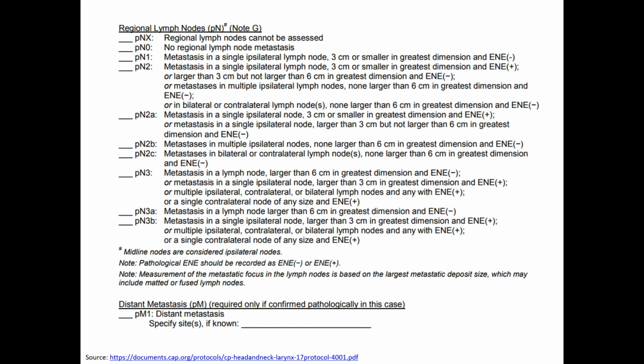The reason for that is, as you might have noticed, the new protocols require evaluation for extranodal extension. And in an effort to give it its due justice as best I can, or due diligence, that's the word I should use, I think appropriate sampling of the lymph node capsule, if such a thing can be identified, is necessary.